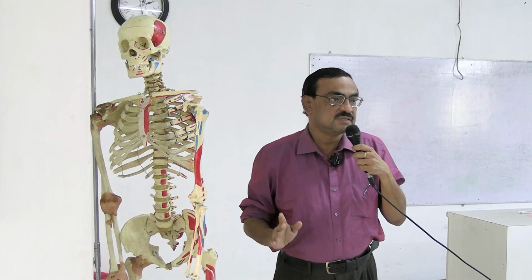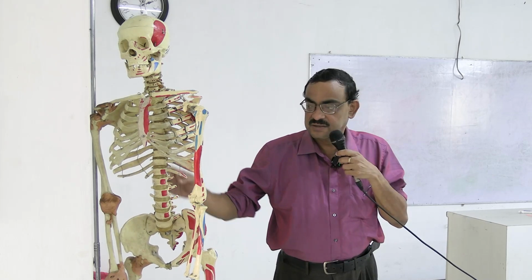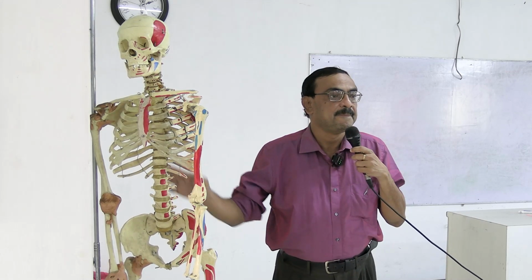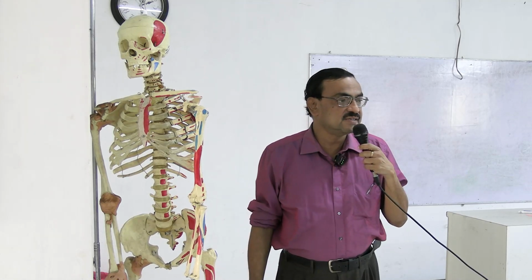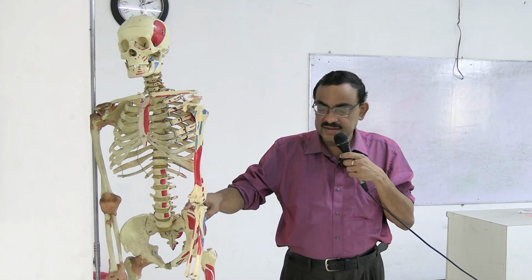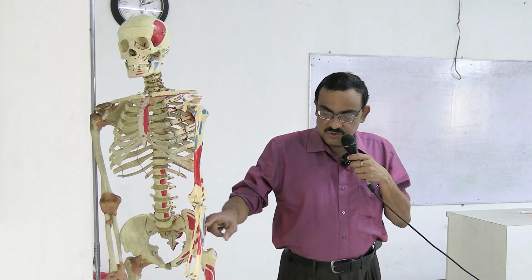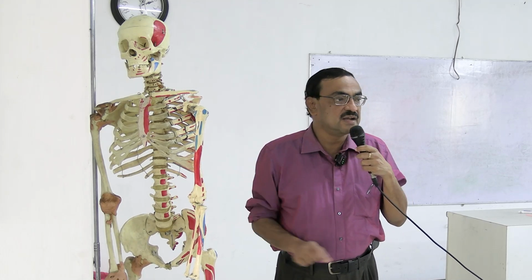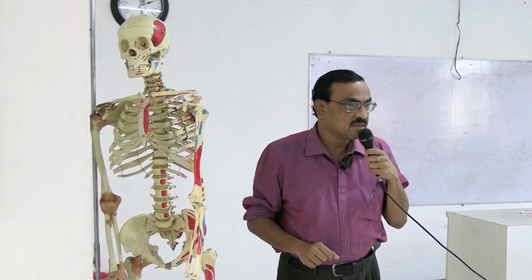lower 6 thoracic spines, all the lumbar spines, sacral spines, and also from the iliac crest, just dorsal to the attachment of external oblique muscle.